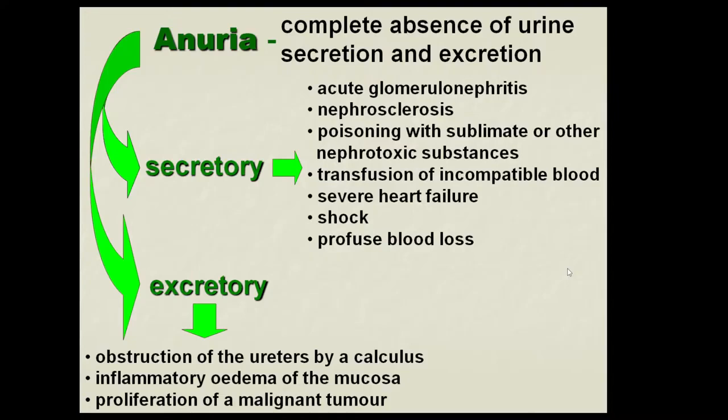In other words, obstruction of ureters by calculus. It's a rare case when both ureters are obstructed simultaneously, because you know, if only one kidney arrests, the other kidney can completely compensate its function.